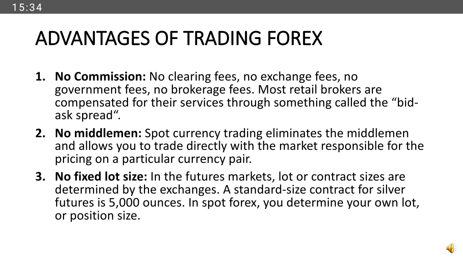So, no fixed lot. In the futures market, lots or contract sizes are determined by the exchanges. A standard size contract for silver futures is 5,000 ounces. In spot forex, you determine your own lot or position size.